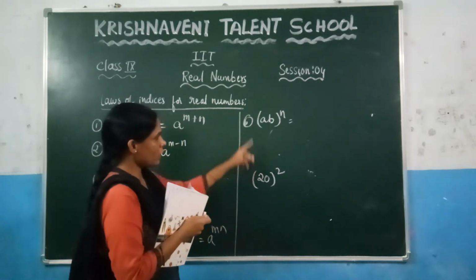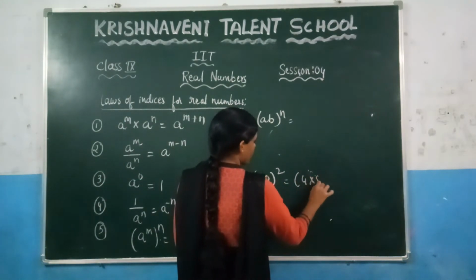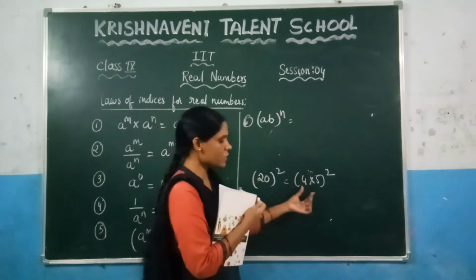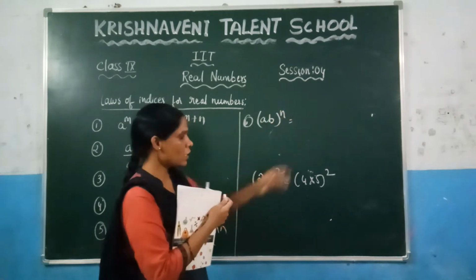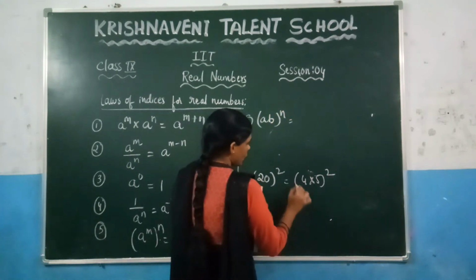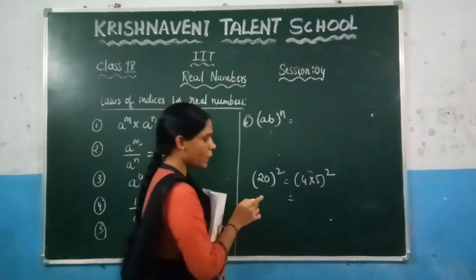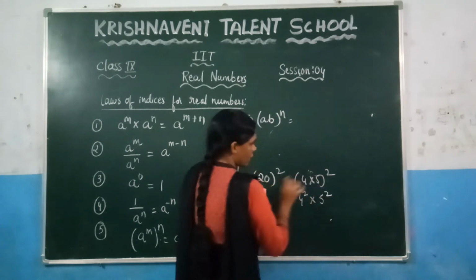So if you want to apply this one, you can write this one as (4 into 5)^2, right? So we have separated this one, we have written 20 as 4 into 5 because here it is in the form of (ab)^n. Now here you can observe that if you calculate you will get 4 into 5 which is 20. Now separate these values, you can write this one as 4^2 into 5^2, right?